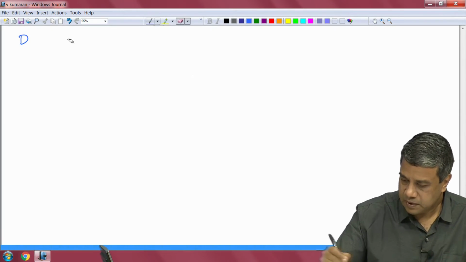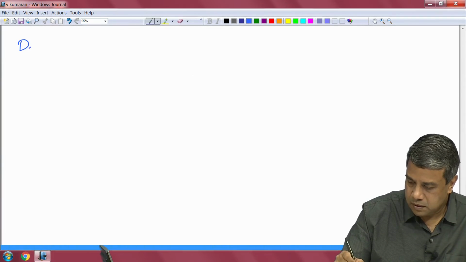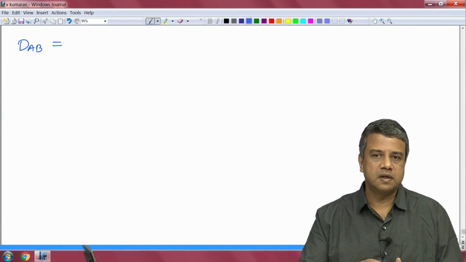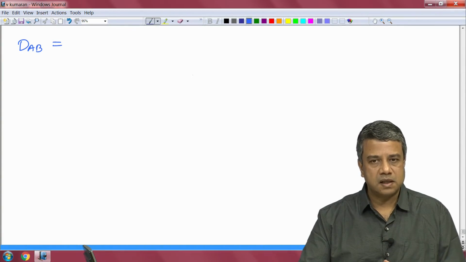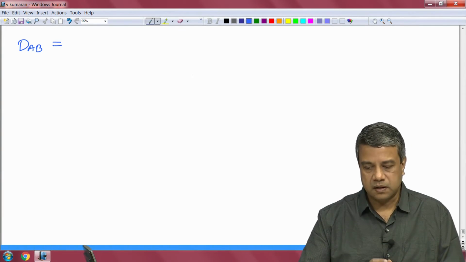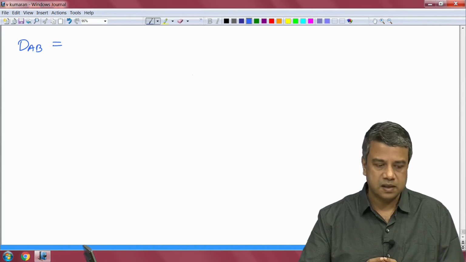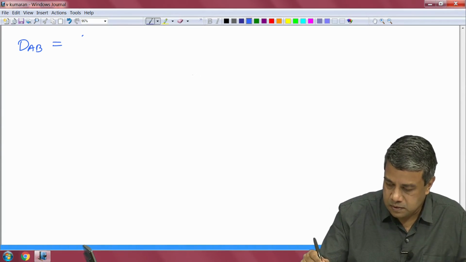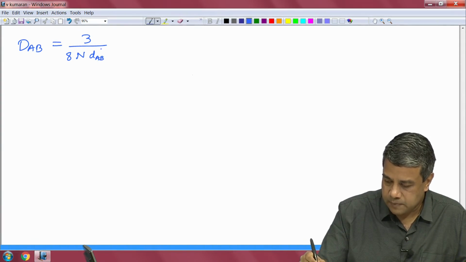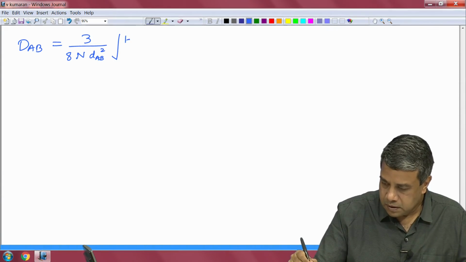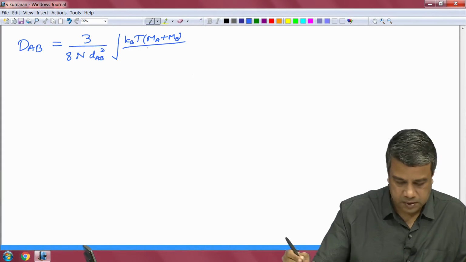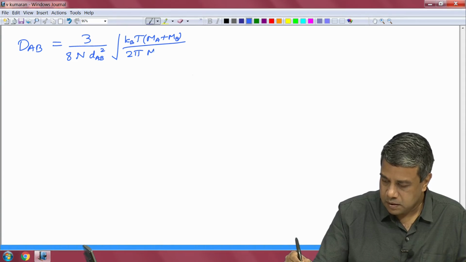This D_AB, the binary diffusion coefficient, is the diffusion coefficient for molecule A, say, in a mixture containing molecules A and B. You can get a more exact expression for it, and this is equal to 3 by 8 n d_AB square into root of k_B T (M_A plus M_B) by 2 pi M_A M_B.